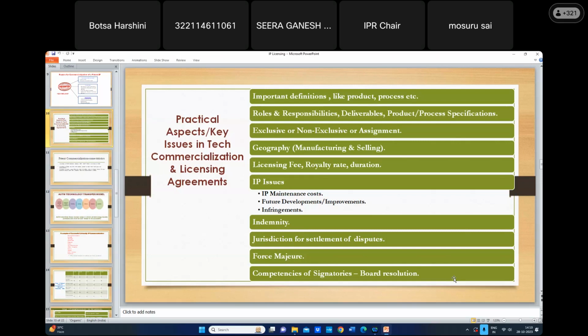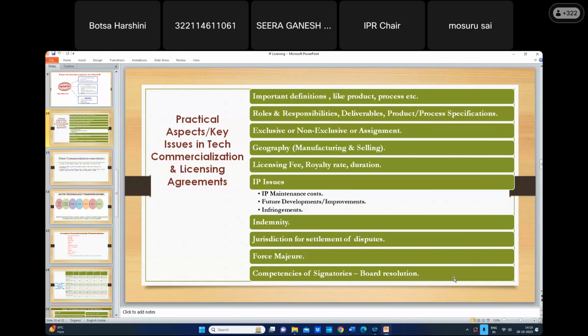The third important clause in any agreement is the definitions. Each and every keyword you use in the agreement has to be defined under the definitions clause, like the product or the process, and the specifications have to be clearly defined.